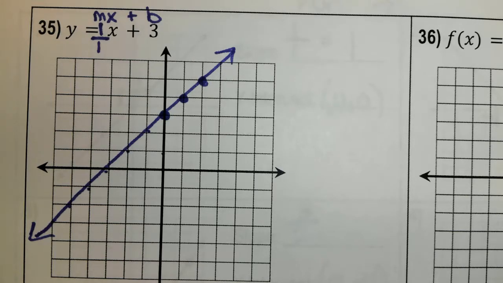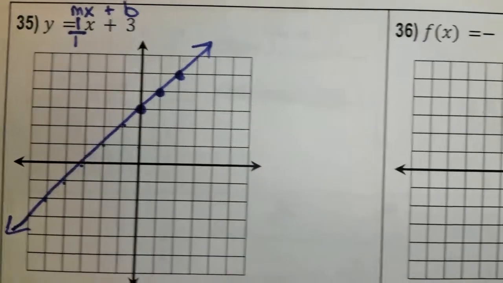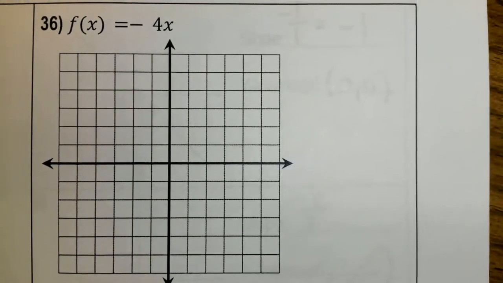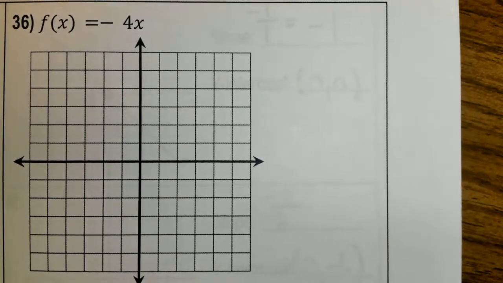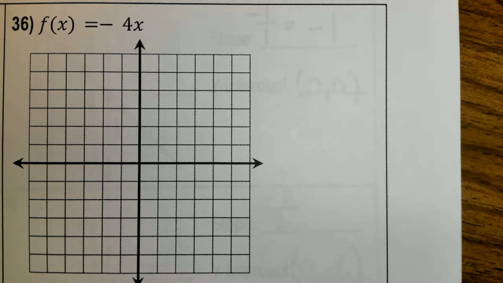But if you do at least the y-intercept correct and you mess up on 1 point and get the other one right, then it's not going to make a straight line, and at least you know that you mess up and you can fix it. But if you only do 2, it's really hard to tell, because you can draw any straight line through 2 points. All right, next one.